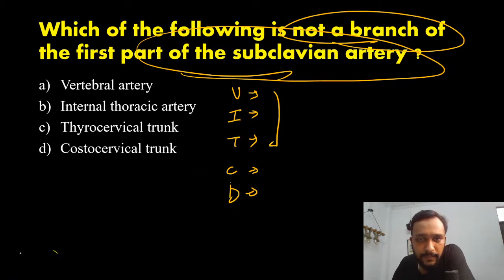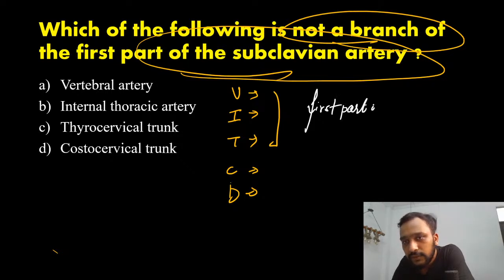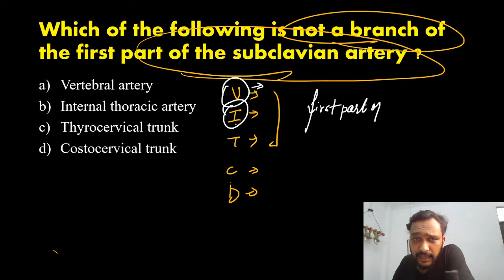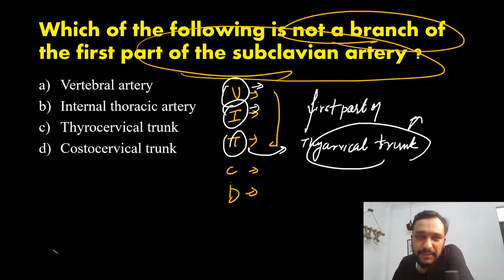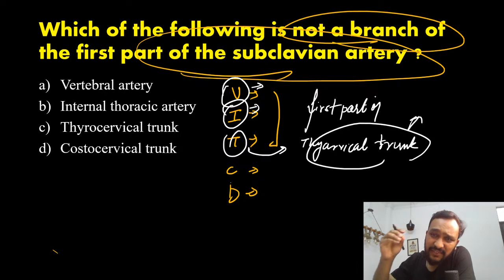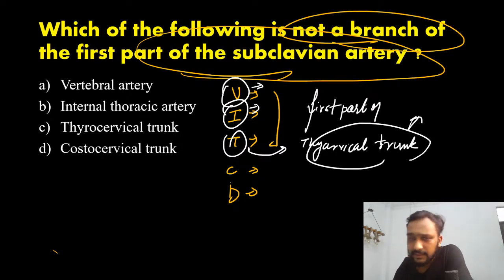VIT are the branches from the first part of the subclavian artery, where V stands for vertebral artery, I for internal thoracic artery, and T for thyrocervical trunk. Okay, so can anyone tell me what are the branches which are going to come from the thyrocervical trunk?